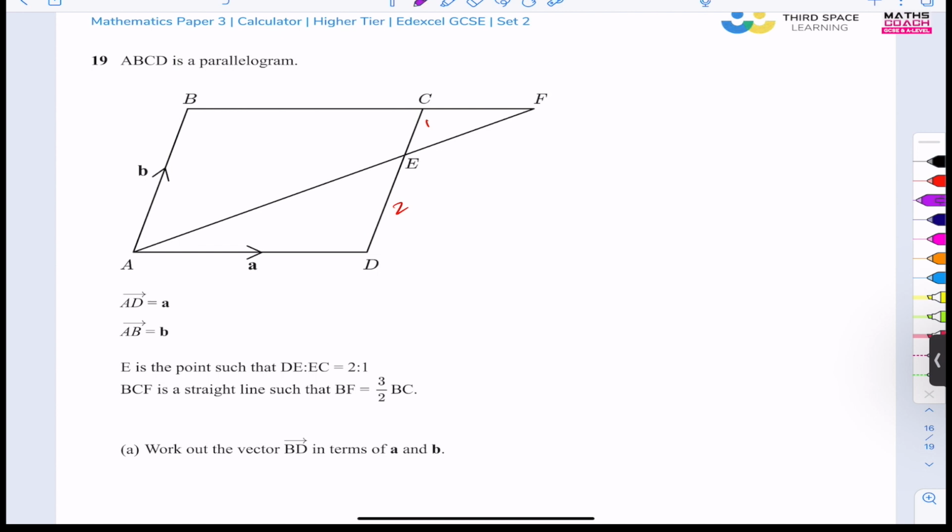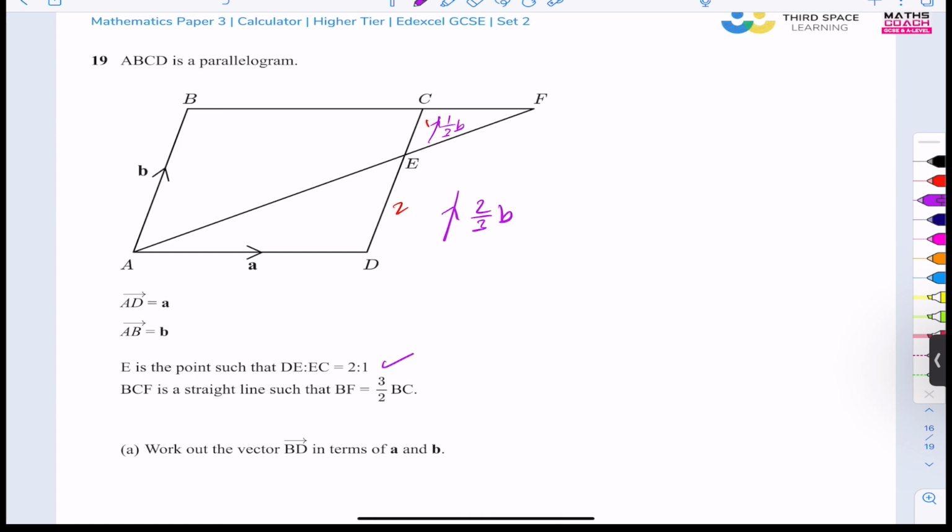So that means that this, just from here to here, in this direction, is going to be 2 out of the total of this, 3 parts. So it's going to be, D to E is going to be 2 out of 3 lots of B, because all of that is B, okay? Same as that, okay? And this is going to be a third of B. So 1/3 B in this direction.